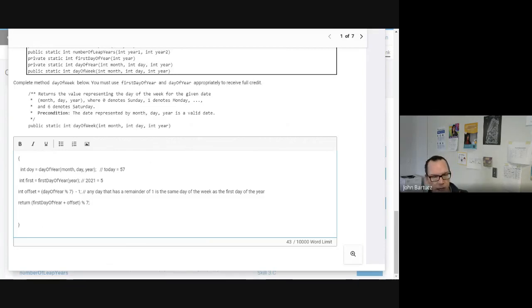Try Fridays and Mondays, try the edge cases, try all sorts of different examples and see if it works. And then I can try and fix it. But as long as you get a general idea and you say, I'm using these methods they told me to use, you'll get points. And that's the name of the game.